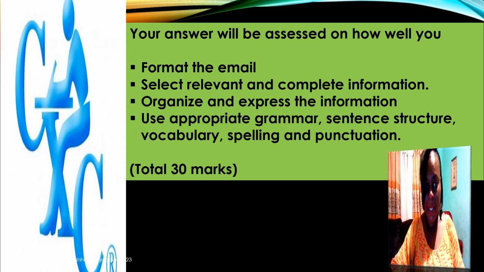Format the email, 2. Select relevant and complete information, 3. Organize and express the information. Lastly, use appropriate grammar, sentence structure, vocabulary, spelling, and punctuation. And the total marks for the completion of this activity is 30 marks.